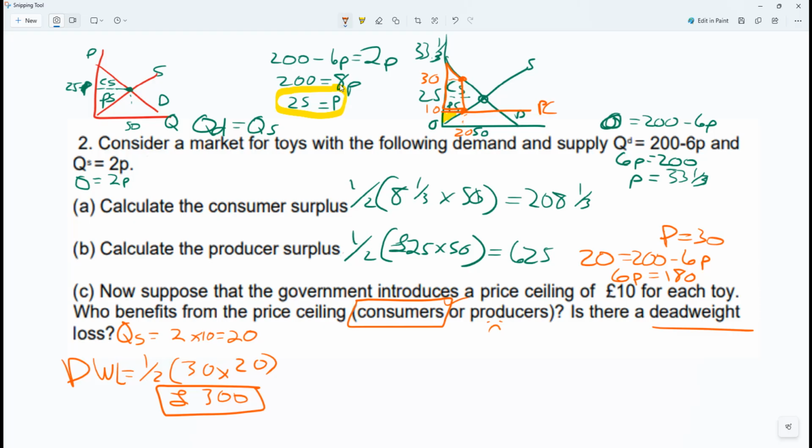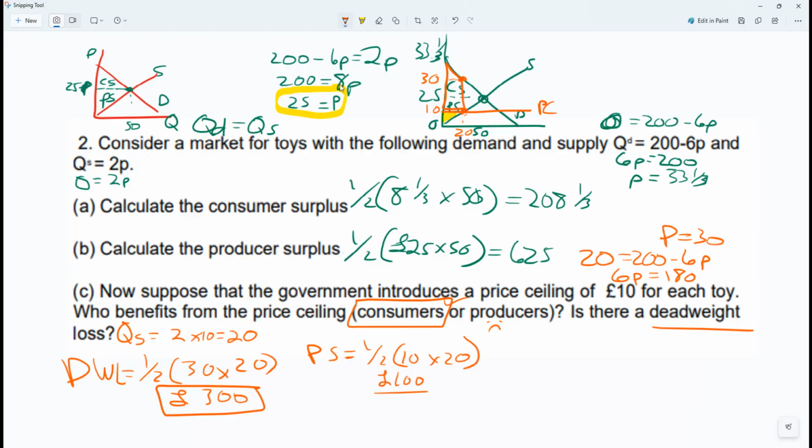All right, producer surplus is pretty easy. Producer surplus is 1/2. It's going to be this little triangle here, 0 to 10, and so that would be 10 pounds there, times 20, because we're going from 0 to 20. So that's 200. Half of that is 100 pounds. Okay, that's the producer surplus.